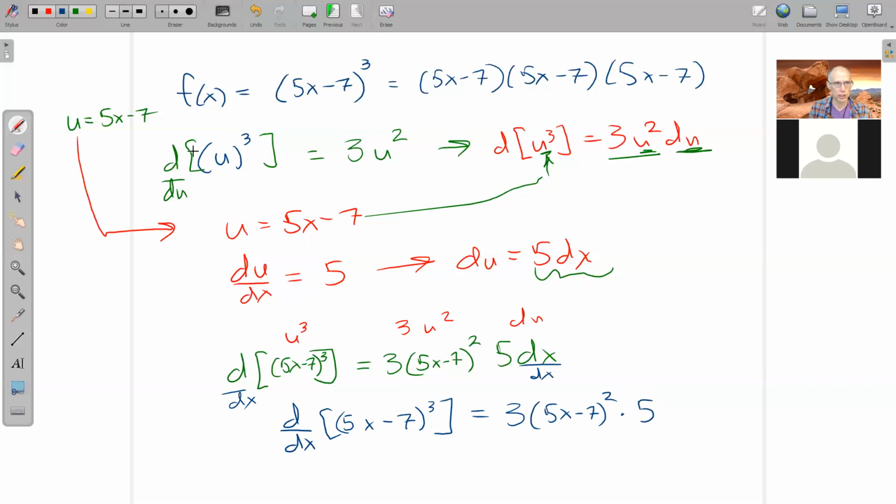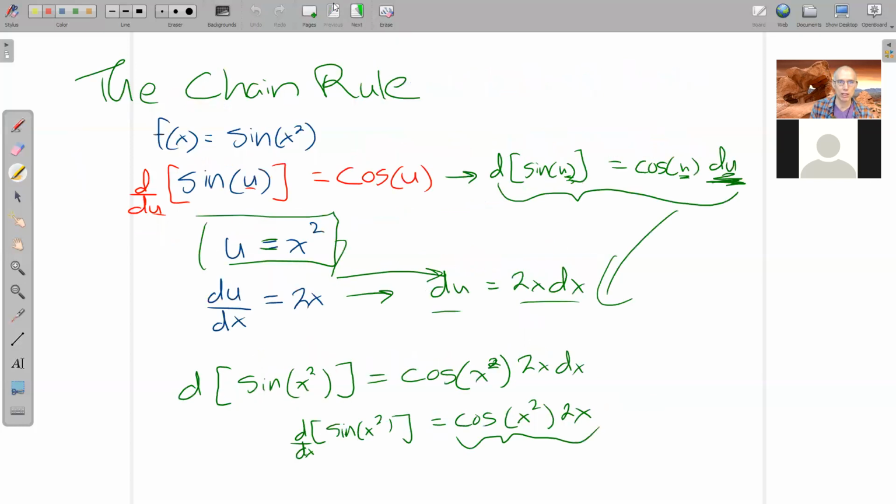And so you can see a couple things happening here when we look at this. The 5x minus 7 just kind of stayed put here, and then we just applied the power rule. And then we had to adjust by multiplying by the derivative of that inner function, right? The 5 is the derivative of 5x minus 7. And that same thing happened back here.